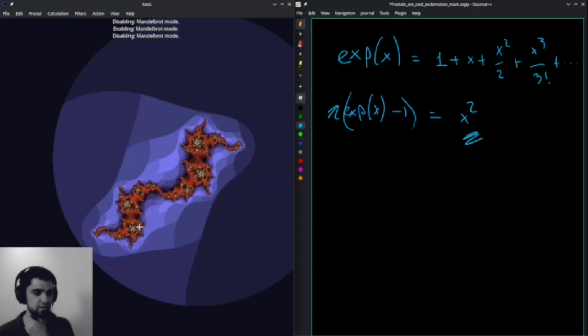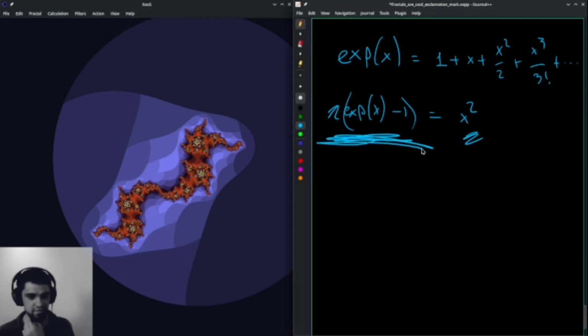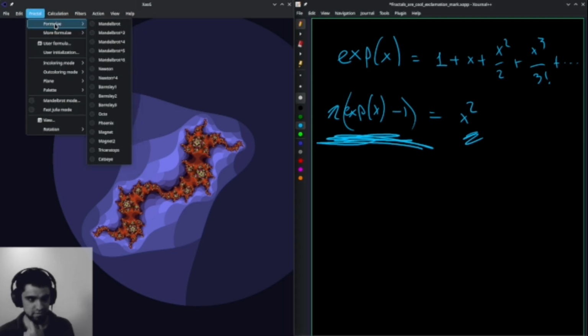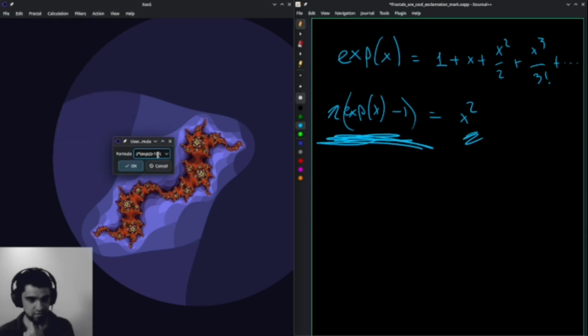And so this is how we can get formulas that start looking like the Mandelbrot set. But there are some other crazy formulas you can start working on that have nothing to do with the Mandelbrot set, just combining exponentials, logarithms, sines, cosines, fractions. For example, let's see what happens if we have a fraction, so we divide now by z minus 1.